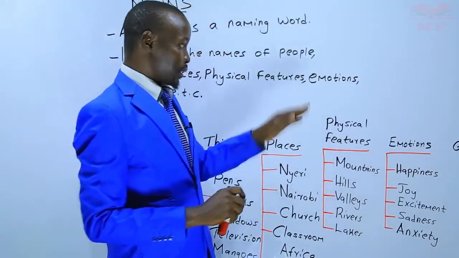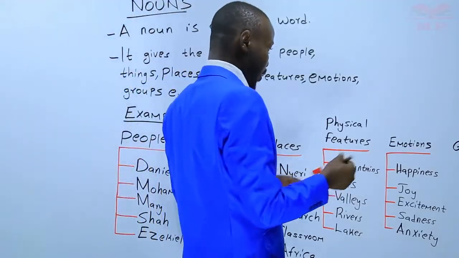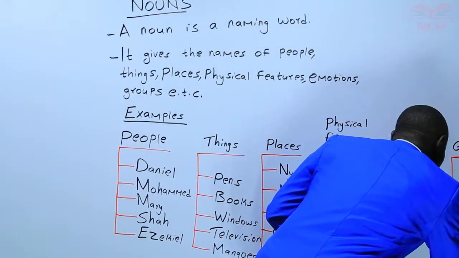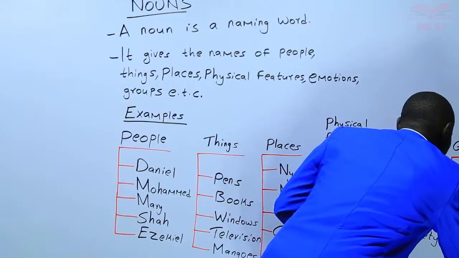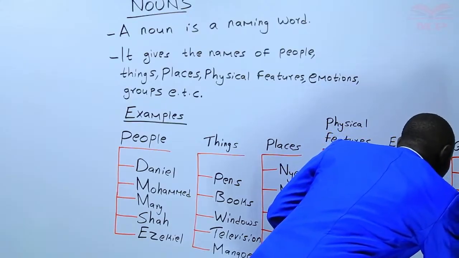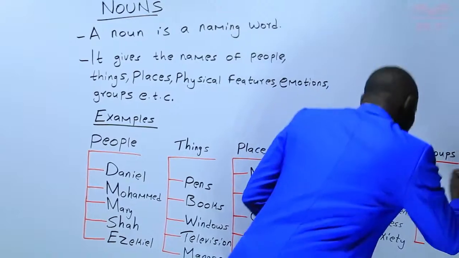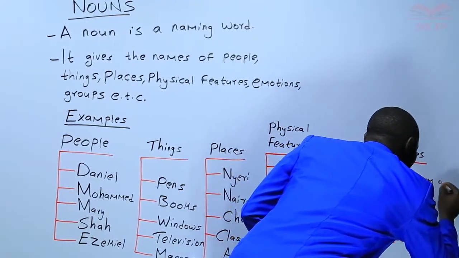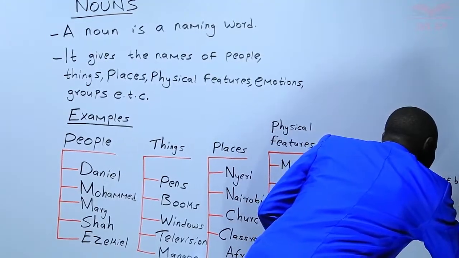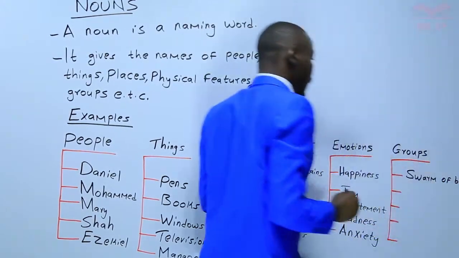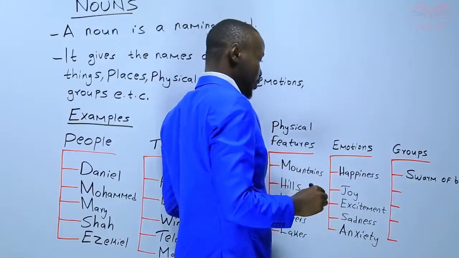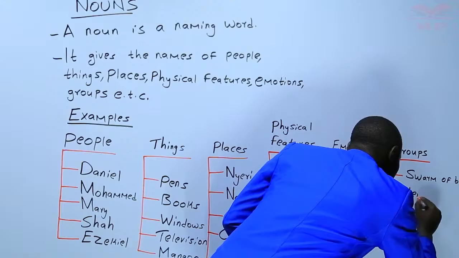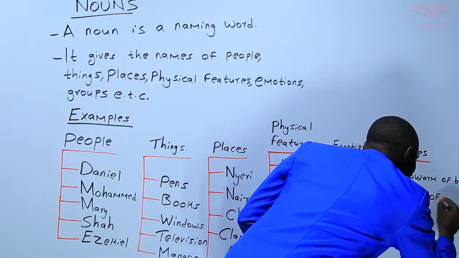So let's list them down one after another. So we're giving the groups of nouns. First example, swarm of bees. The next example is herd of cattle.